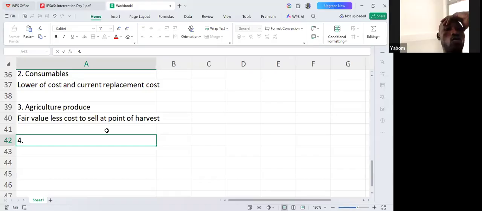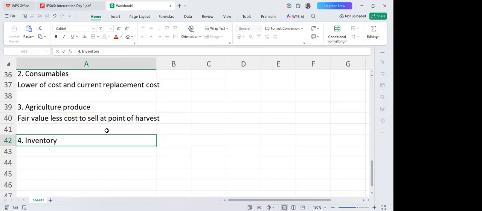Someone was saying it. Your hand is up. Inventory from non-exchange transactions. Exactly. Inventory from non-exchange transaction. And what do we use? Fair value. We use fair value.